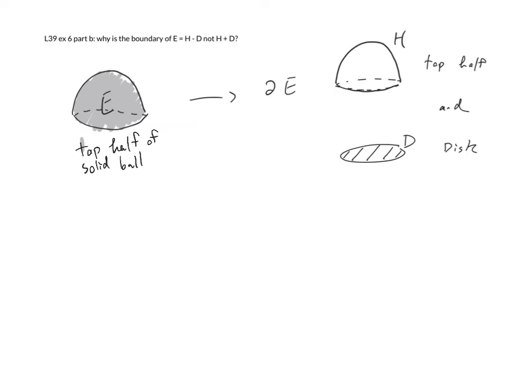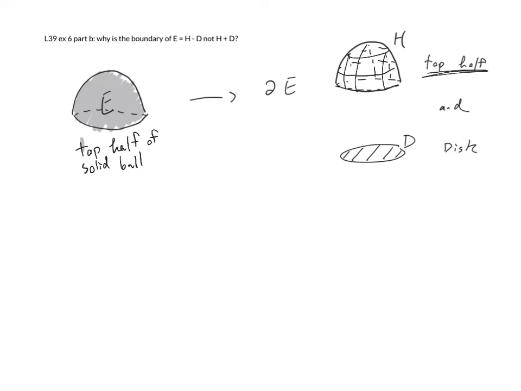And this is made up of two pieces when you pass to the boundary. There's a path that looks like this top half of a sphere, just this top section of it.